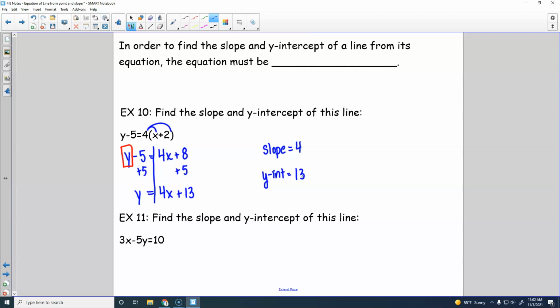Alright, now you can divide everything by -5. Because the y is the one you're going to get by itself.